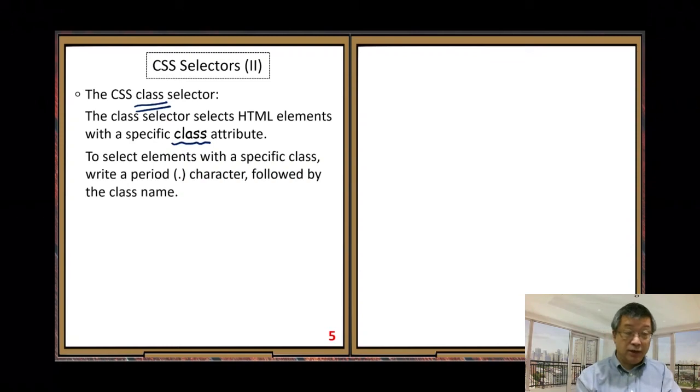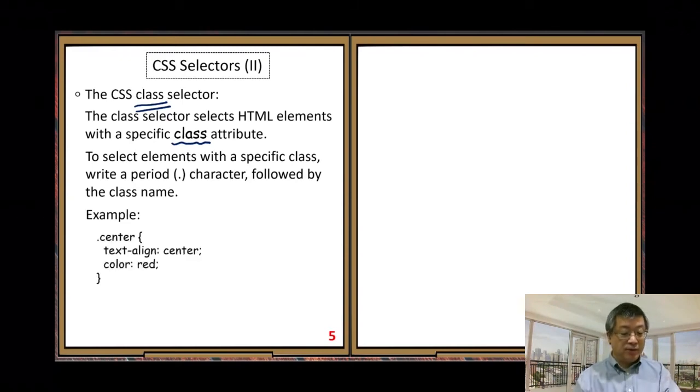So let's look at the specifics. To select elements with a specific class, write a period character. Replace the hash character with a period character. Then we get the class way, followed by the class name. Look at this example. Here we want to define a rule for a class called center.